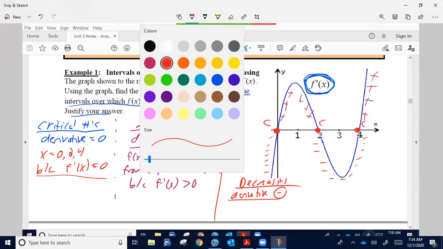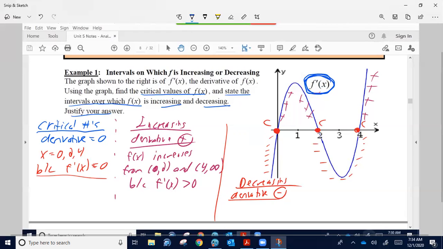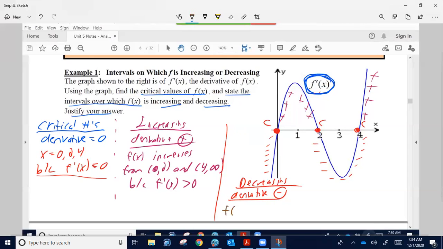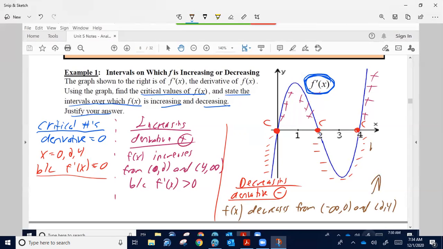So again, that's a derivative graph, though. That's the graph of the derivative, pulling those off the curve itself. So f of x, the original problem, decreases from negative infinity to 0 and 2 to 4, because, as the justification, f prime is less than 0.